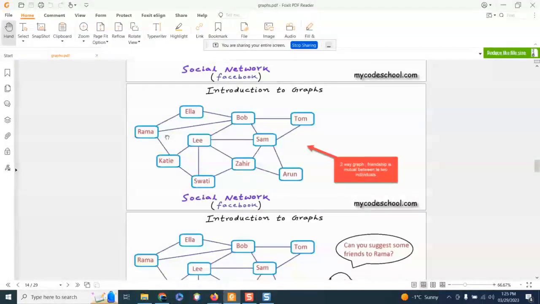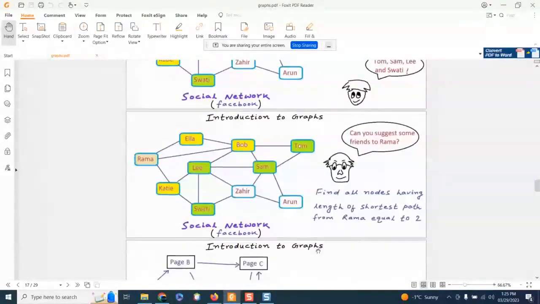Because you are connected directly with these three people. If Facebook suggests friends for two possible reasons, it can say, find all the nodes having the length of the shortest path from Rama equal to 2. So all those nodes which can become friends of Rama with the shortest distance of 2.